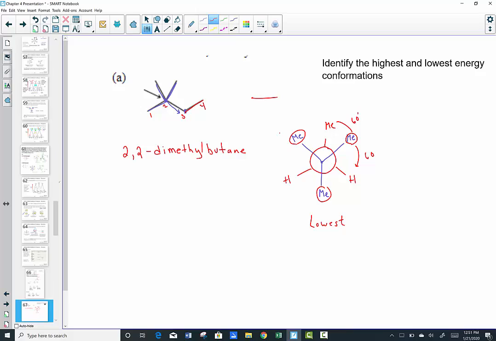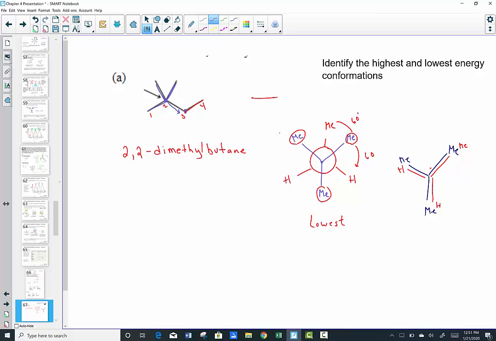And what would be the highest energy possible? Let's keep the front carbon the same. But now let's twist 60 degrees and show the back carbon now has a methyl group stacked right on top of a methyl. And of course the others will be hydrogens.